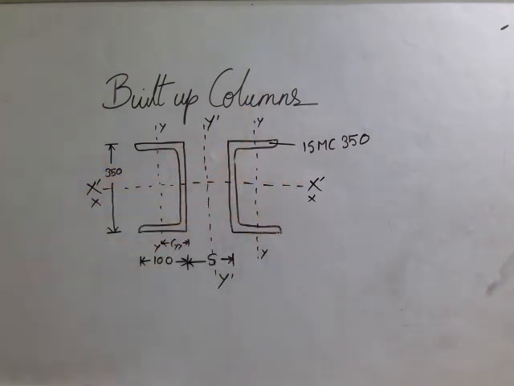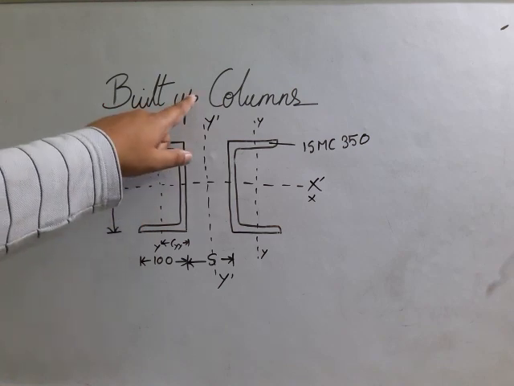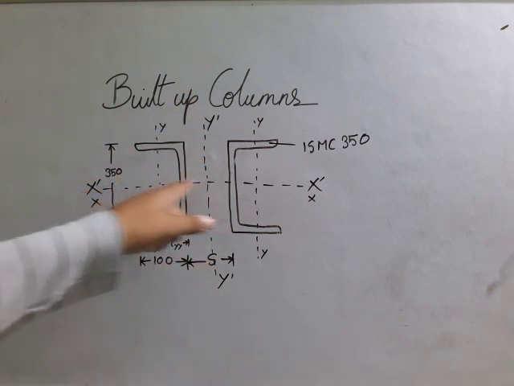Now when they are together, they will have their combined y and x-axis, because when we look into the built-up column, we will take into account the performance of the column as a whole. The built-up column will have its y-axis like this and x-axis like this.